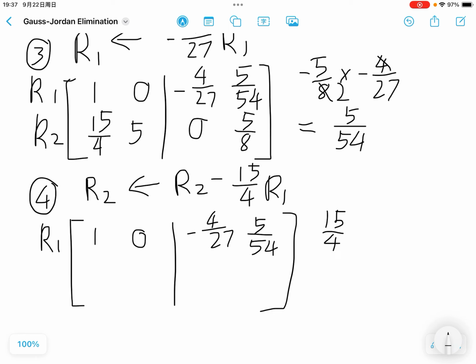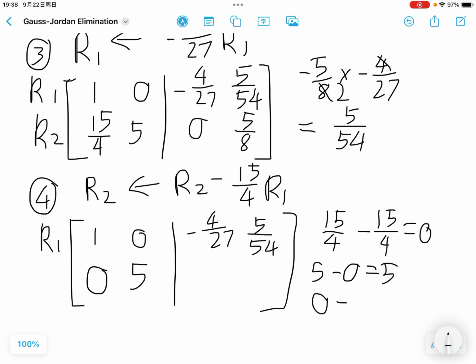So the first element of row 2 is 15 over 4. We subtract that from 15 over 4 times this element, which is just 15 over 4. That's just 0. Simple. Then we have 5. 5 minus 0 times 15 over 4, which is just 0. So that's 5.